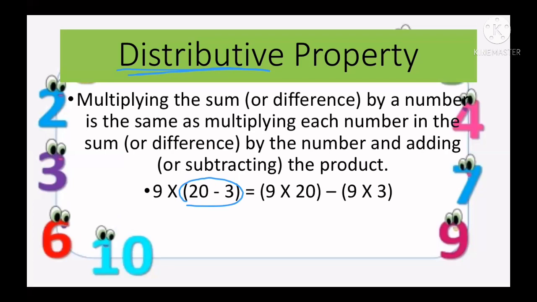Okay? So you will share the 9. I will distribute 9 to 20. And then I will distribute 9 to 3. So it will become 9 times 20 minus 9 times 3.